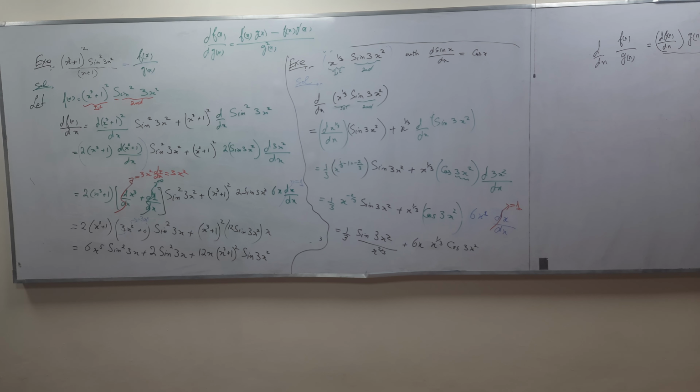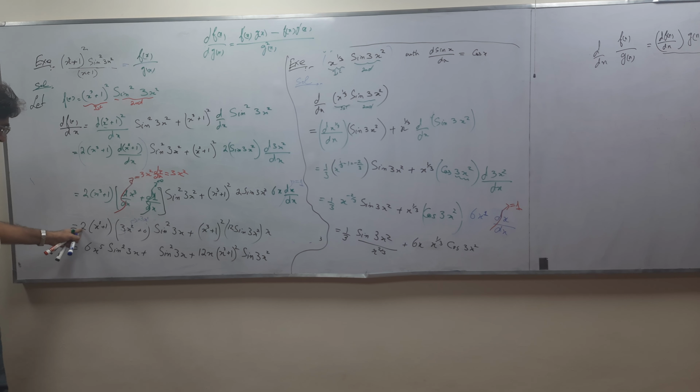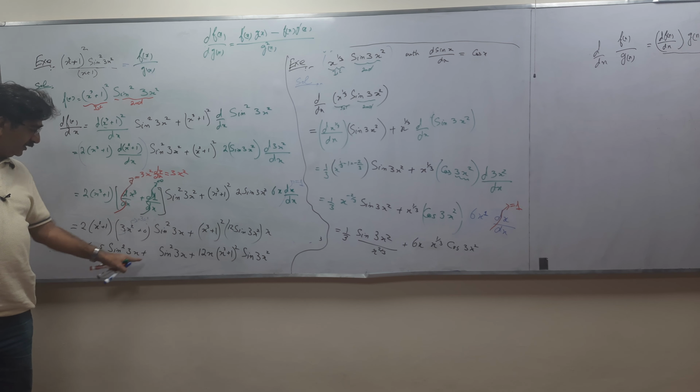Let's see. 2 multiplied with 3x square, okay, that will be 6x5 sine square 3x.